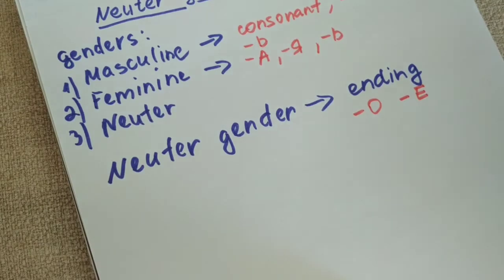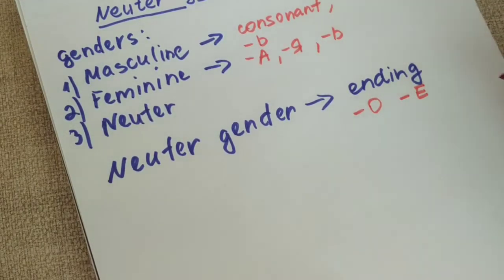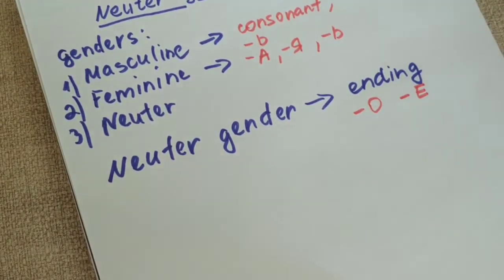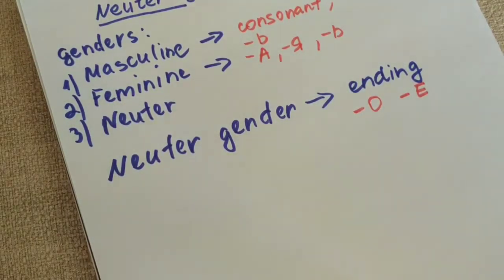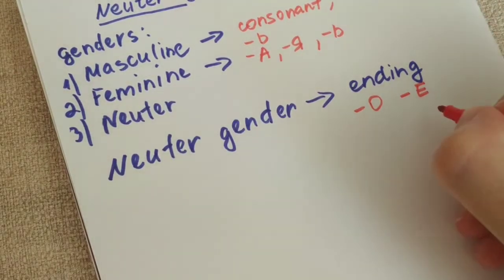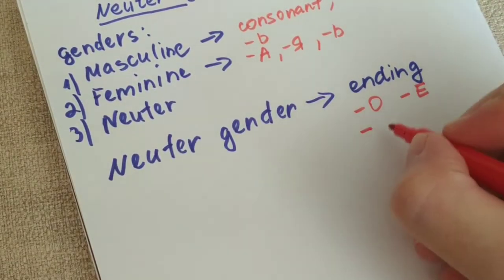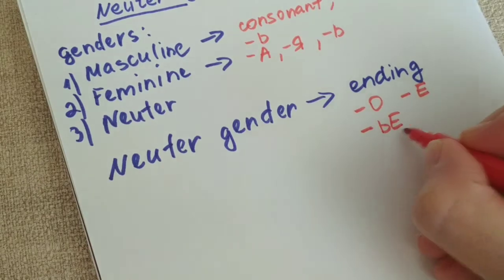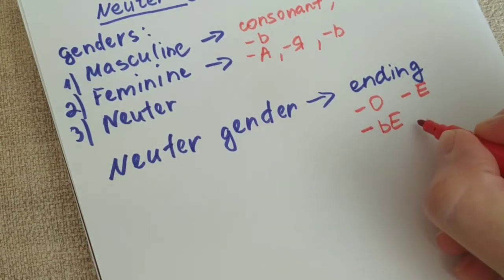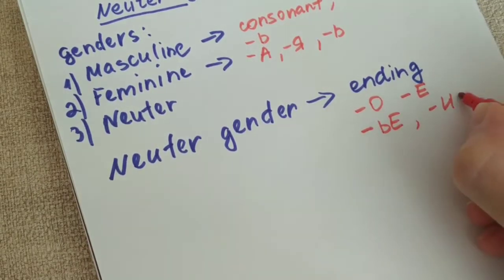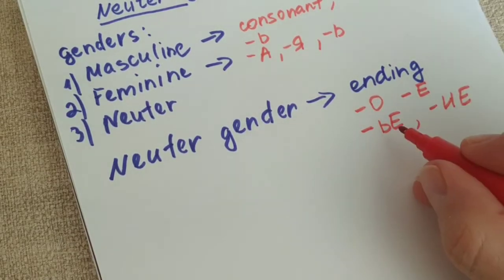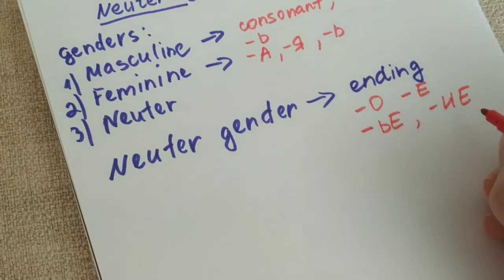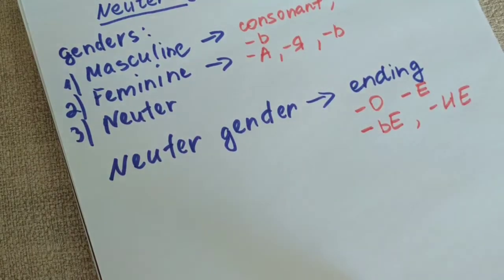So if you see the nouns ending in these two vowels, in either O or ye, you will know that this noun is of the neuter gender. And as well, there can be some variations, like this combination of two vowels, soft sign plus ye, or the vowel e plus ye. If you see the nouns ending in soft sign ye or e ye, those nouns are also of the neuter gender.